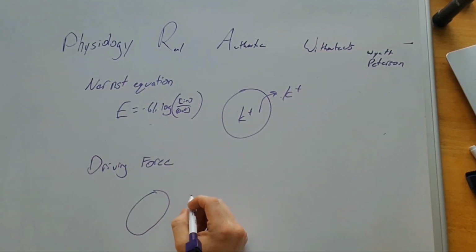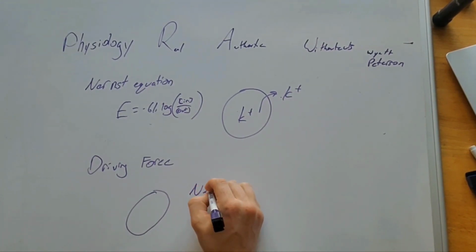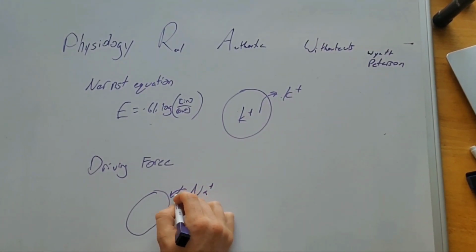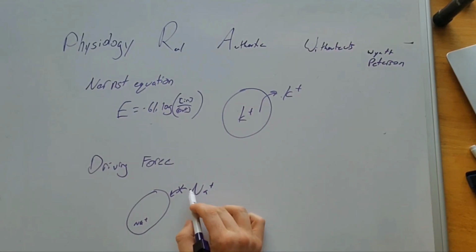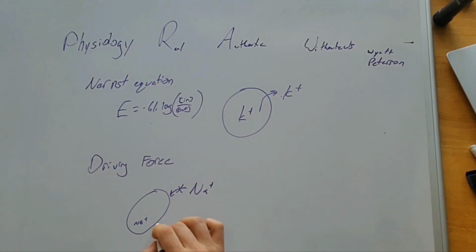Sodium is a good example because it's not permeable and it really wants to get into the cell. It shows where the cell is and where it wants to be, and it gives us a number.